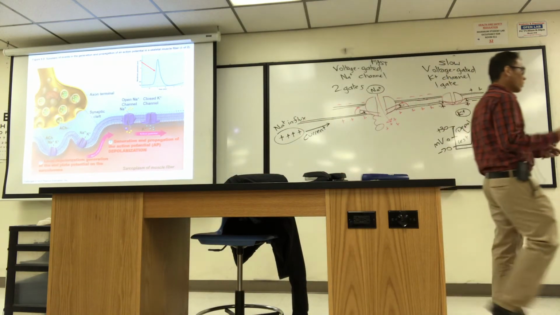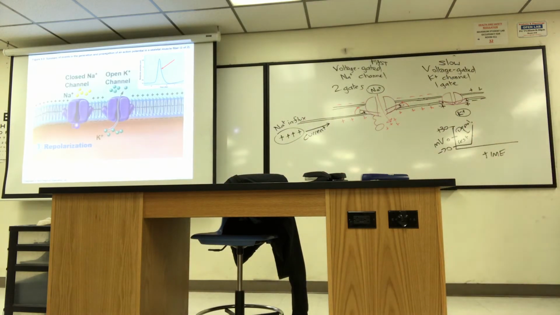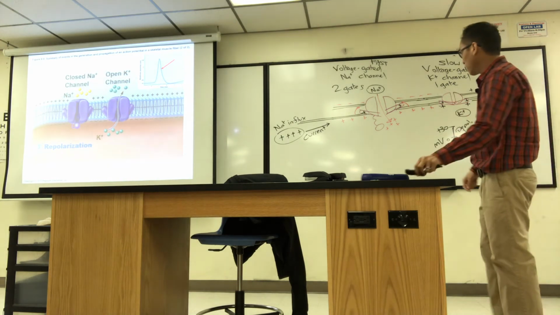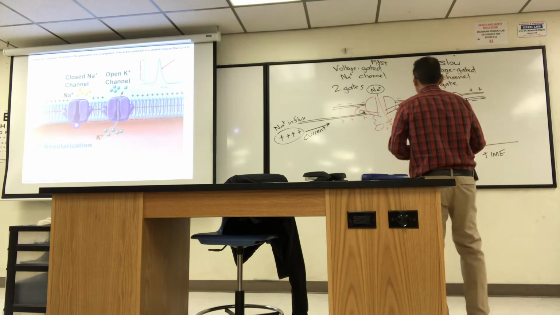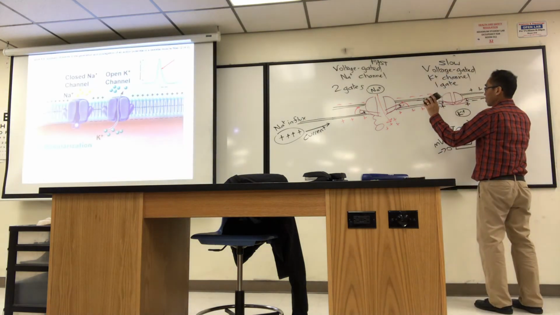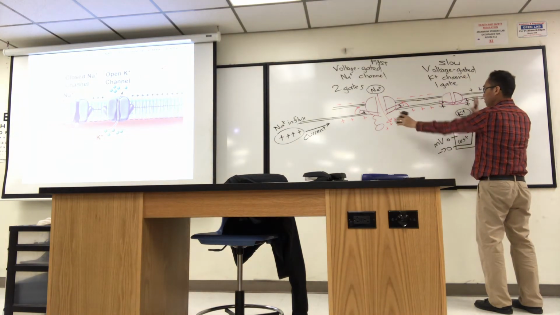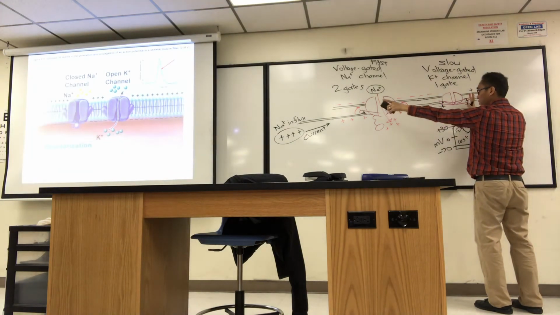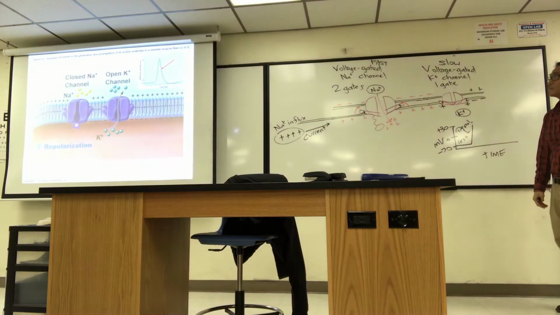Okay, in this slide, what are the authors trying to show you? Well, let me let you read from the slide for a second. Which channel is closed of these two in this picture? They say closed sodium channel.